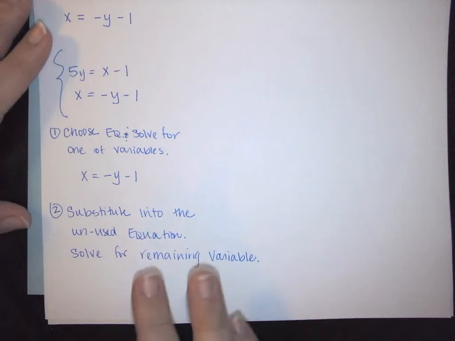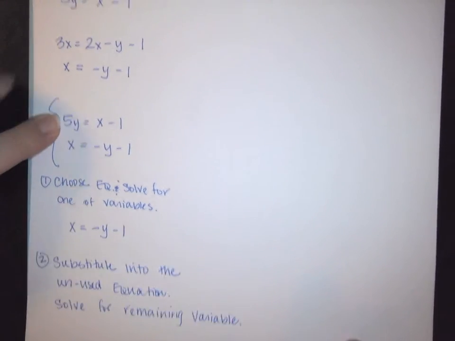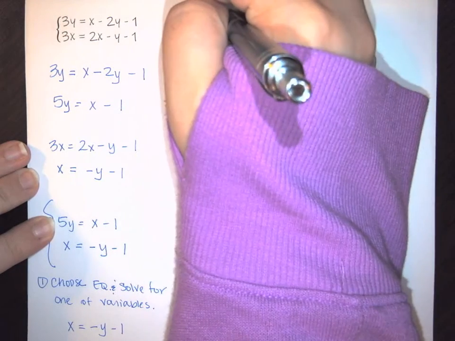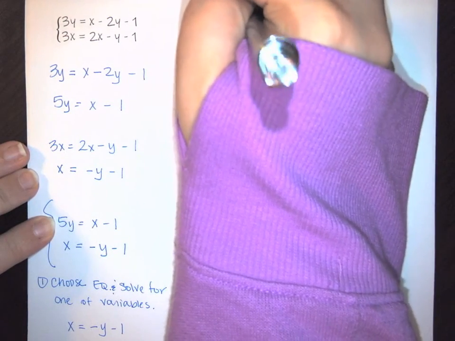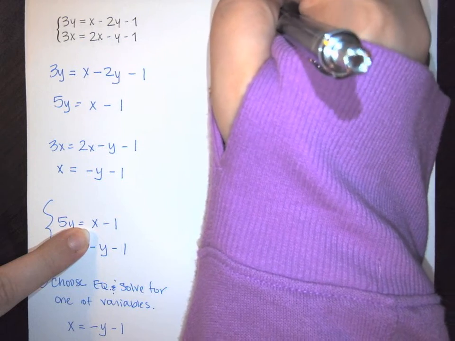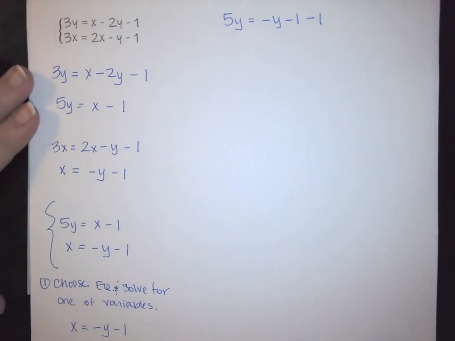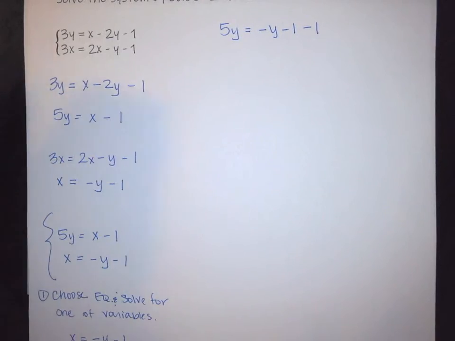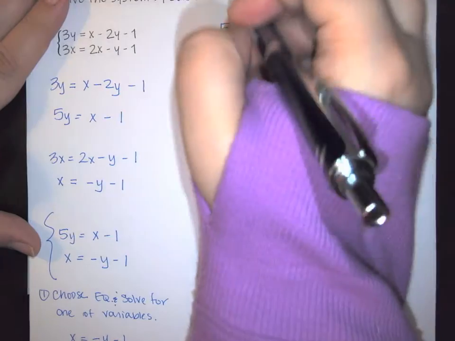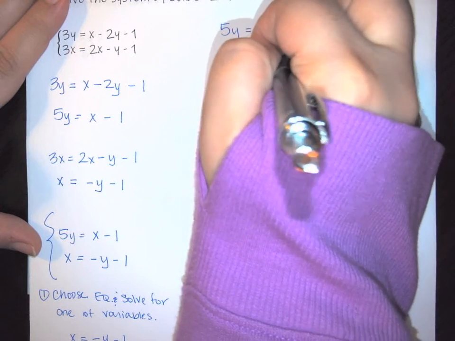Okay. So we are going to take this x equals and substitute it into the top equation. So here I have 5y is going to equal, notice it was x, so this is going to become negative y minus 1 minus 1. The only variable left to solve for is y. So I'm going to add that y to both sides. 5 plus 1 gives you 6y is equal to negative 2.